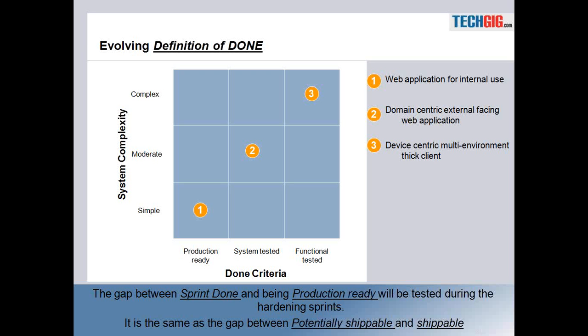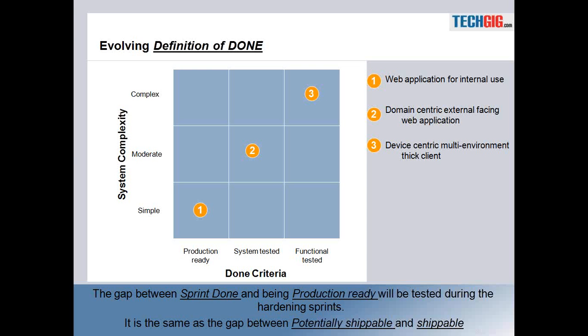Now you look at a typical domain-centric web application. Here probably you don't expect too many device or hardware linkages, but it's still an external facing web application, and if it is domain-centric, it's likely to have some challenges, and you need to have a lot of external compliances before releasing the software.